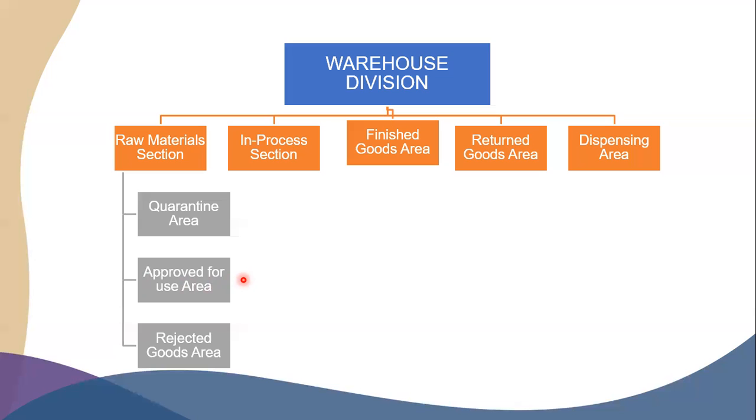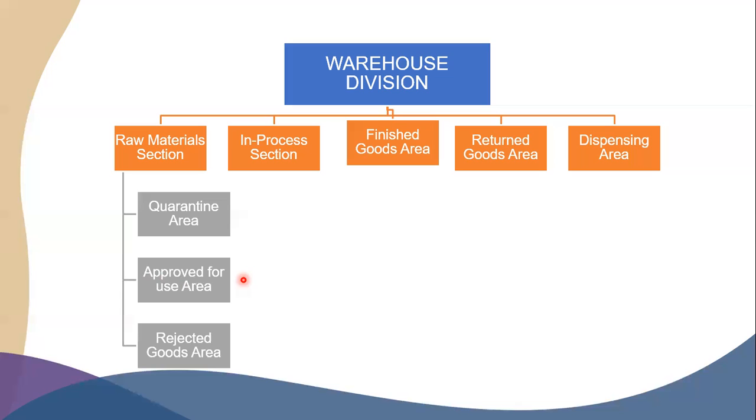Dito naman, many factors can make your raw material section rejected, go to the rejected goods area. This could be for, let's say, insufficient yung amount na binigay sa inyo, or wrong na mga raw materials yung binigay rin sa inyo. Or let's say different supplier yung nagbigay sa inyo.